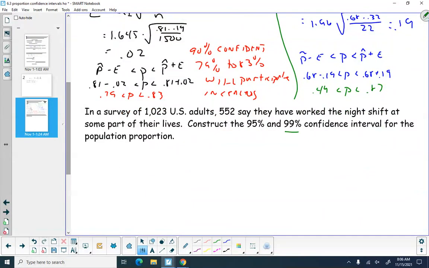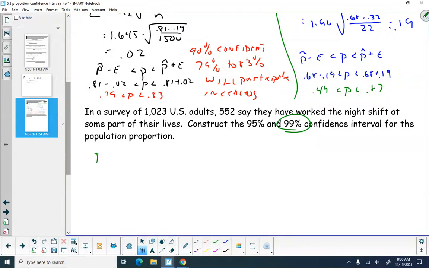Let's do the 99% one here. Survey: of 1,023 U.S. adults, 552 say they have worked the night shift at some part of their lives. Construct a 99% confidence interval for the population proportion.